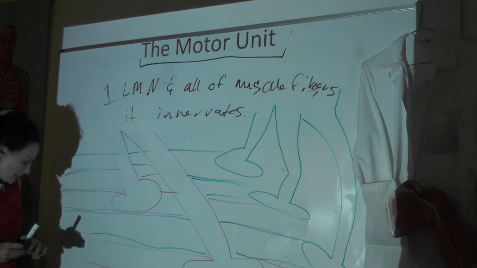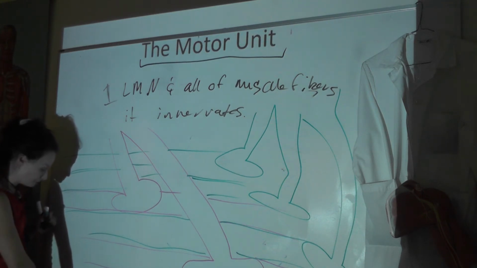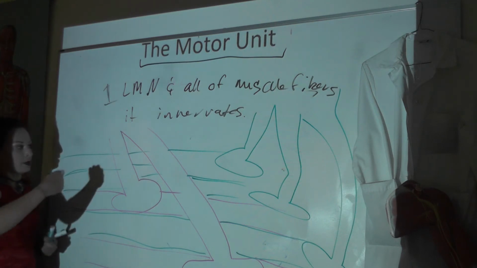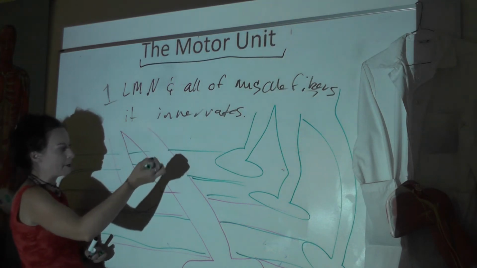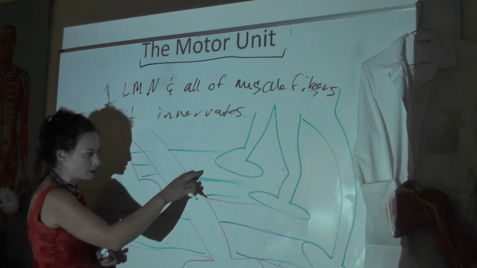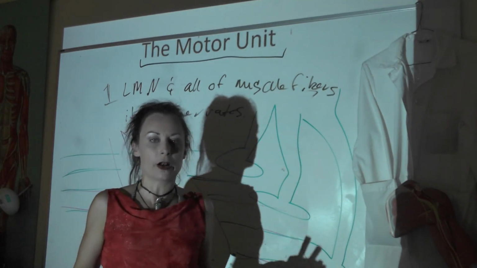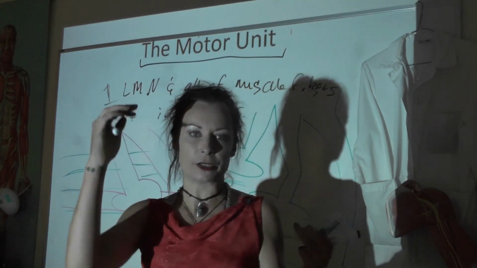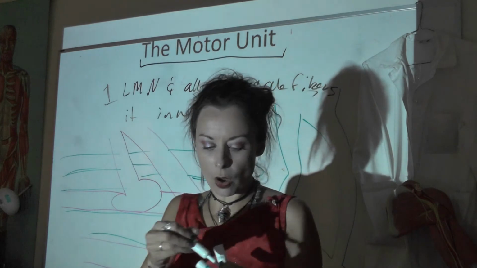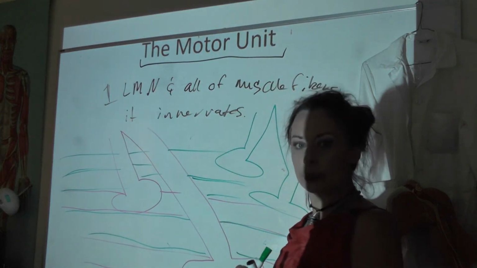Now I would never see it happen where a pink neuron terminated on a blue muscle fiber. That just couldn't happen, because then you would get confusion in all of your signaling and you wouldn't have efficient contraction. So this is important, and it's a little nitpicky.